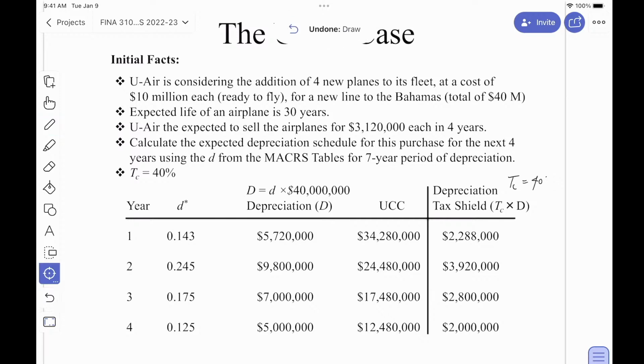So these you can actually save as a result of being able to depreciate, which depreciation is not a cash flow, but it reduces the taxable income, which realizes tax savings. In the first year, that's going to be an amount of $2,288,000. In the second year, it's going to be about $4 million, and then it goes down. In the third year, 2.8, and then $2 million.